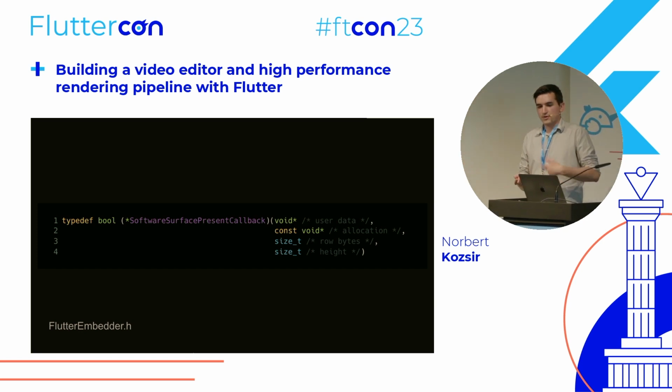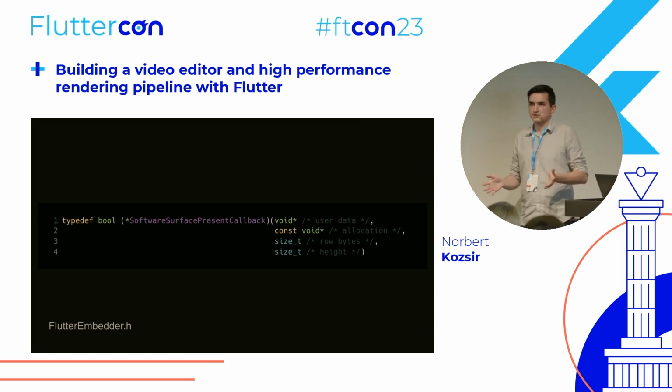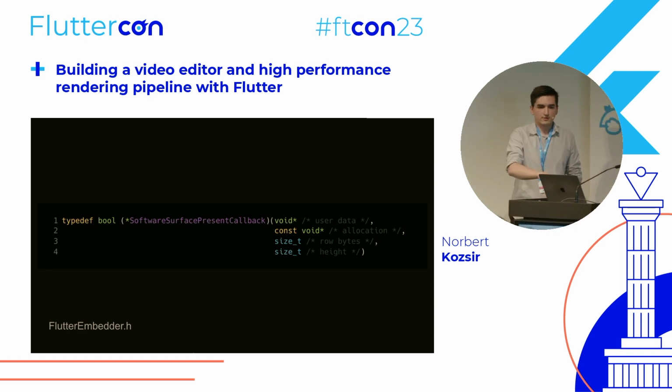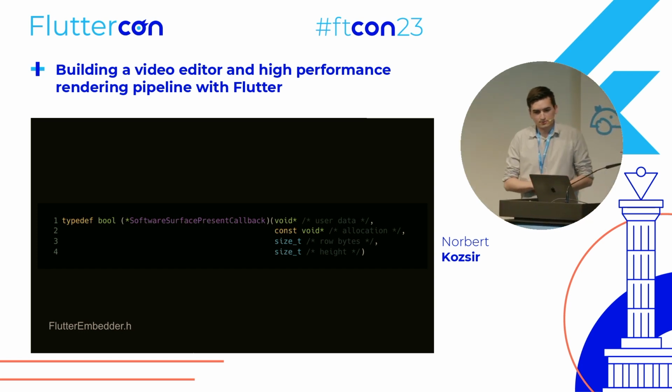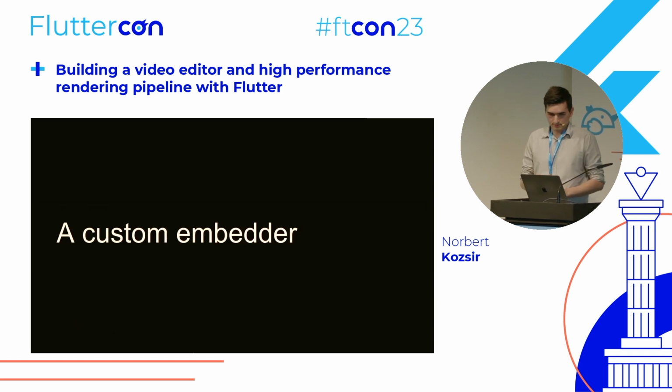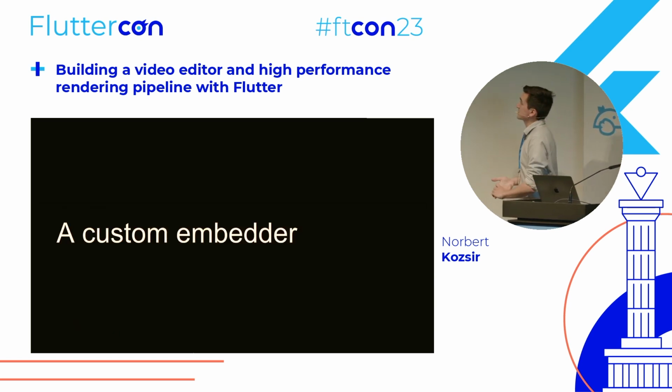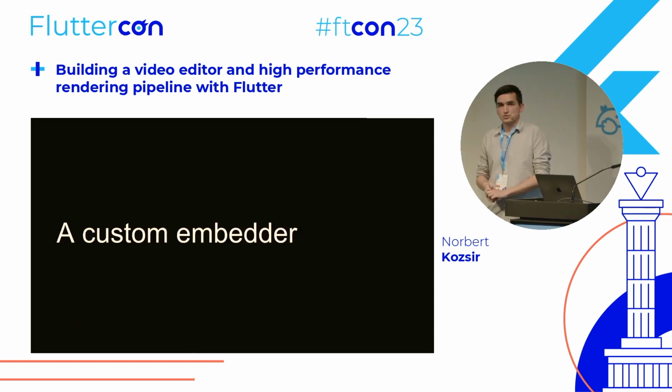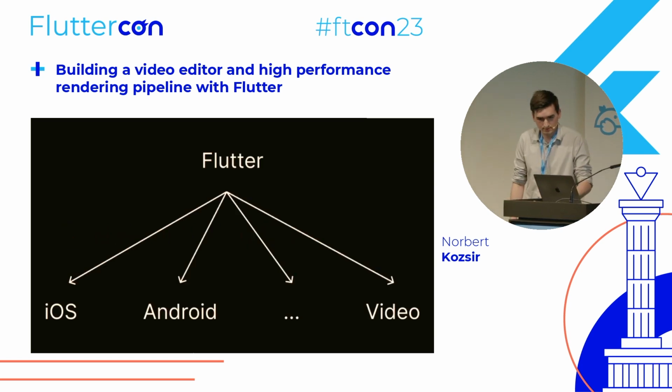If you override this callback, it will be called every time a new frame wants to be presented. More specifically, if you call setState or whatever other mechanisms trigger a new frame in Flutter, this callback will be called, and you are responsible for showing this frame to the user, but we can do different things with it too. We can create a custom embedder to use it for video rendering.